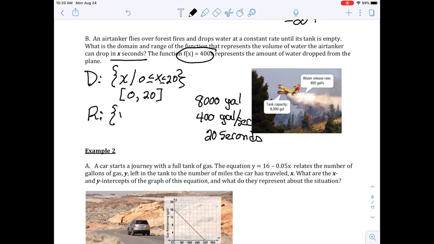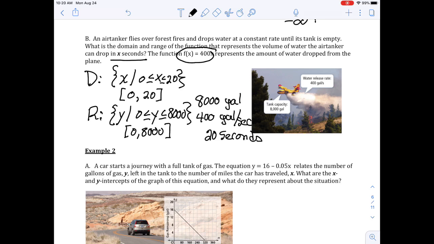And so again, we could write that using our fancy set notation: y such that 0 less than or equal to y less than or equal to 8,000 gallons. Or we could use our interval notation, 0 to 8,000 with square brackets on both sides, because we are including the 0 and the 8,000.